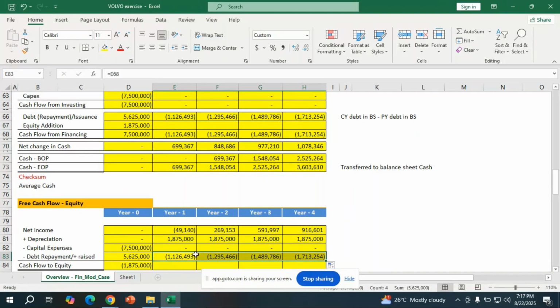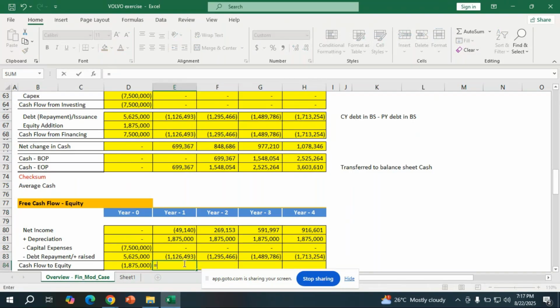And now compute your cash flow to equity, equals to the sum of all this. So I can just drag this, show you again, equals to sum.